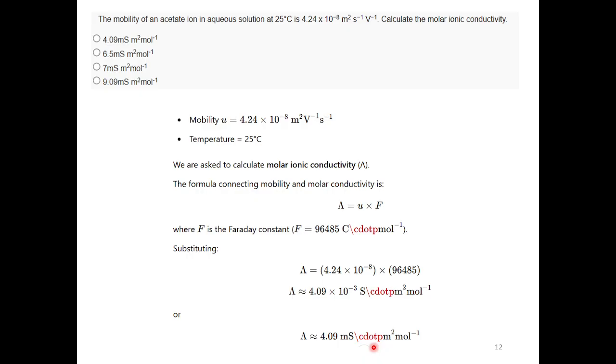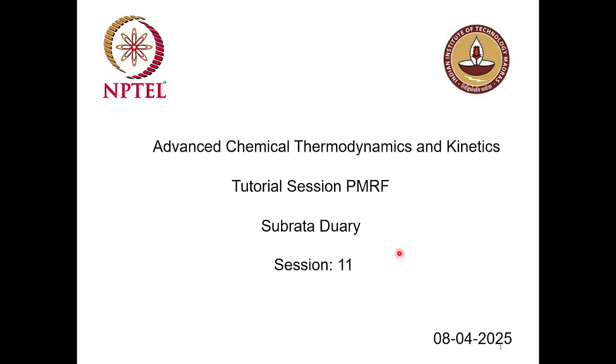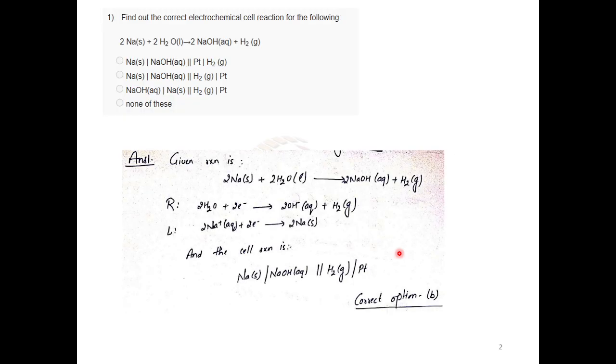Now in most of the questions you have noticed this. This is a question where we have talked about an electrochemical reaction where sodium is oxidized to Na plus and water is reduced to H2, a hydrogen gas.